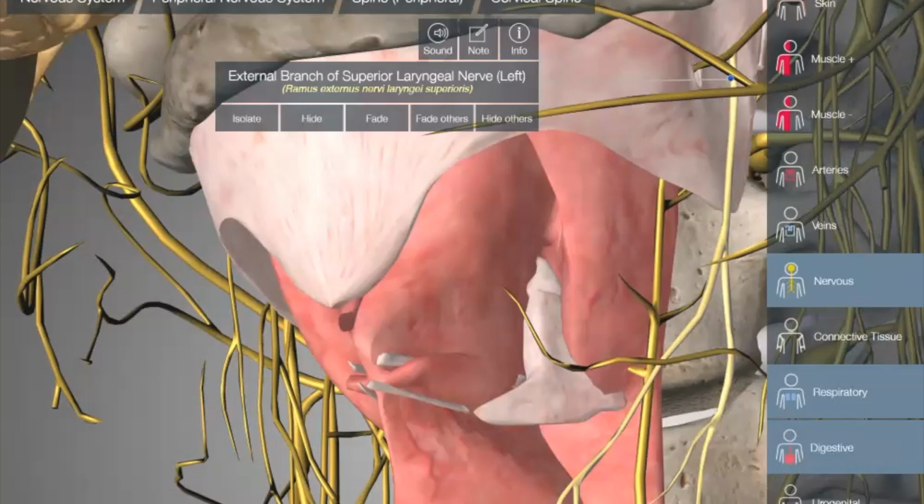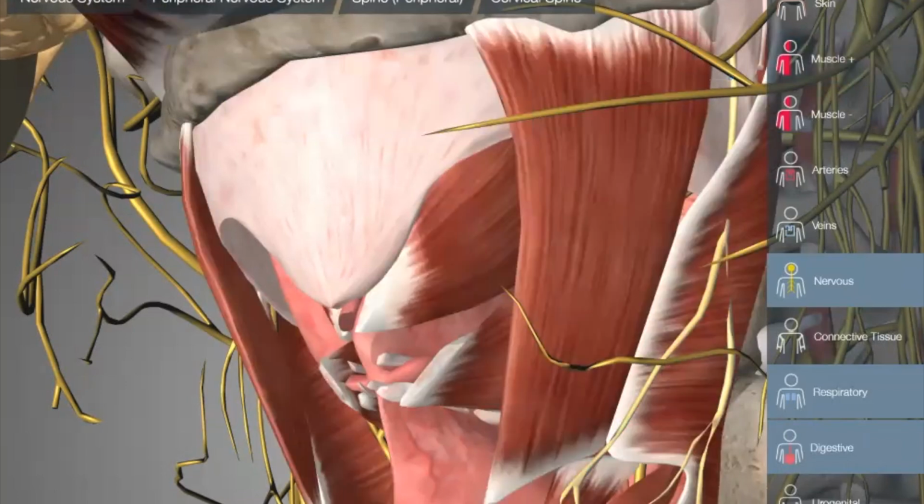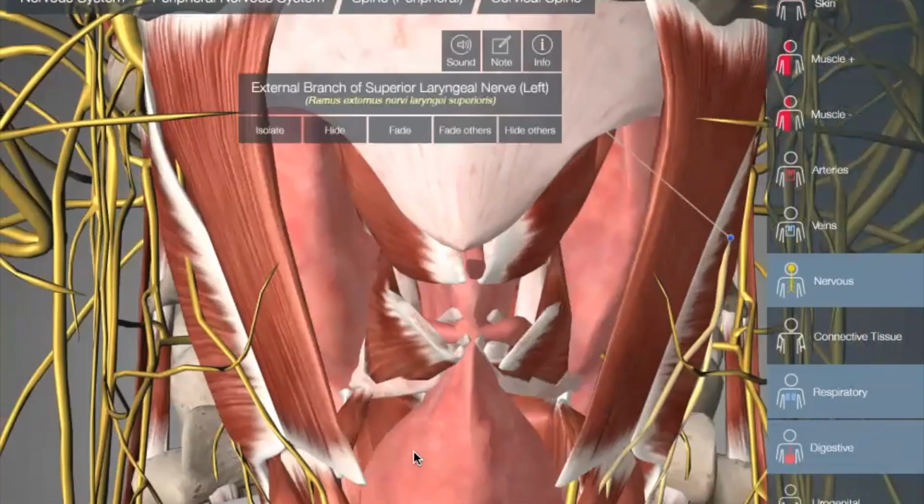The recurrent laryngeal nerve provides sensory innervation to the infraglottis and motor innervation to all the internal muscles of the larynx.